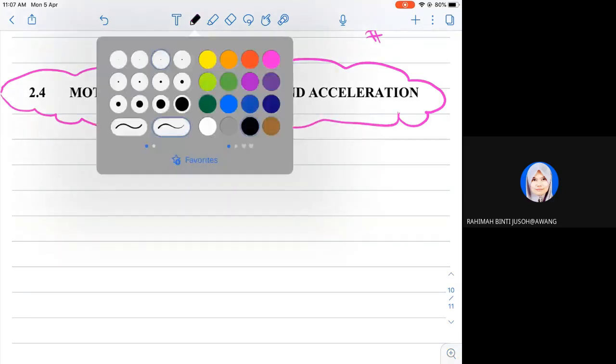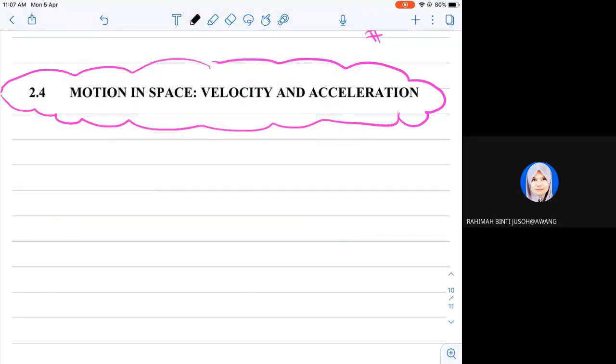Okay, first kali guys, dia ada position vector. Nama dia R T. R tu adalah position lah guys. Position vector. Okay, second we will have velocity.